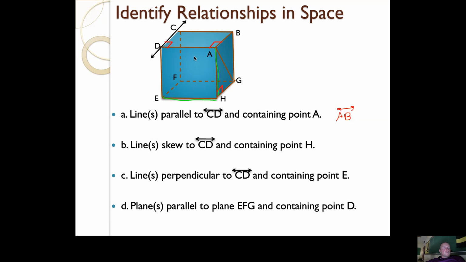These lines are never going to touch this line, and they're not in the same plane. So these are two good examples of lines that are skew to line CD that contain point H. So we got line EH, and we got line AH.